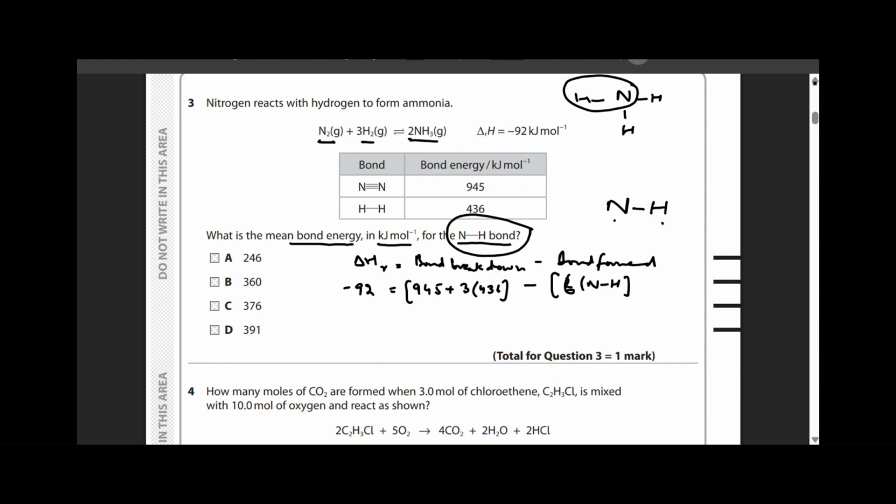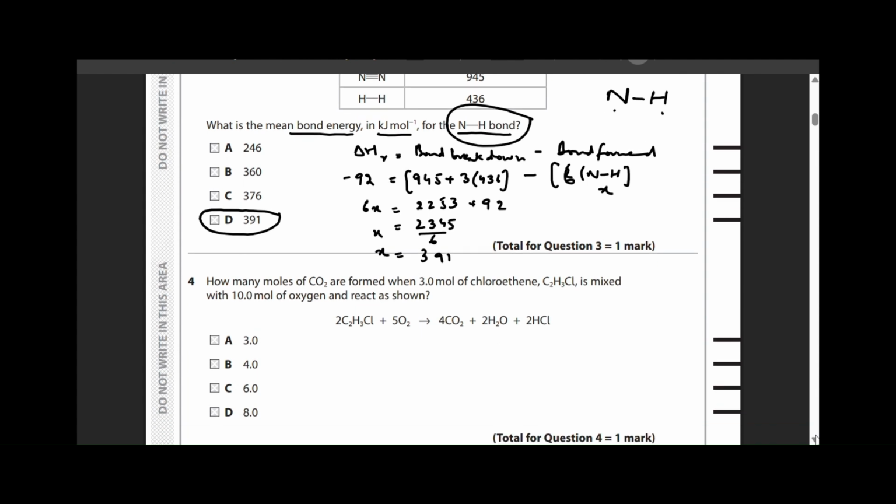So if you consider it as x and rearrange the equation, then 6x is equal to 2253 plus 92, divided by 6, so the value of x will be 391. So the mean bond energy of one nitrogen hydrogen bond is 391 kilojoules per mole. Now move on to question number 4.